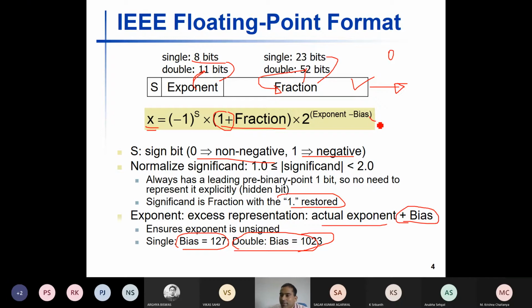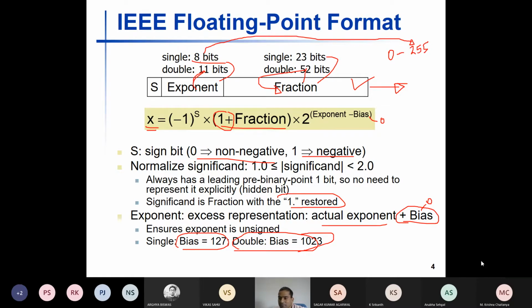So right now I'm setting the bias to be 0. My exponent can have a minimum value of 0 for single precision and a maximum value of 255, because with 8 bits, the maximum number I can store is 255.